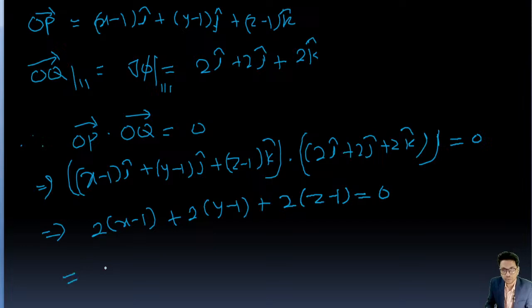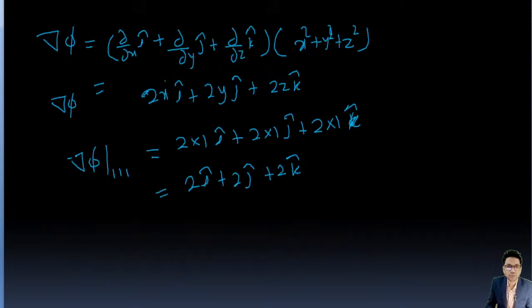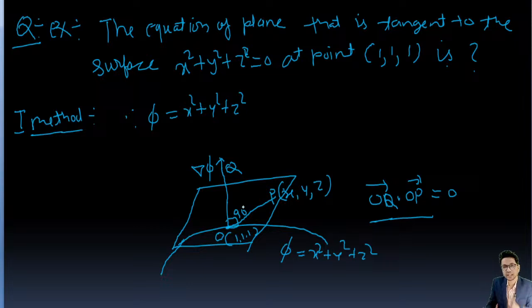So it is going to be 2x plus 2y plus 2z equal to 6, which implies x plus y plus z equal to 3. Okay, this is the answer, and we have solved this using the definition of gradient, because the gradient is normal to the level surface.